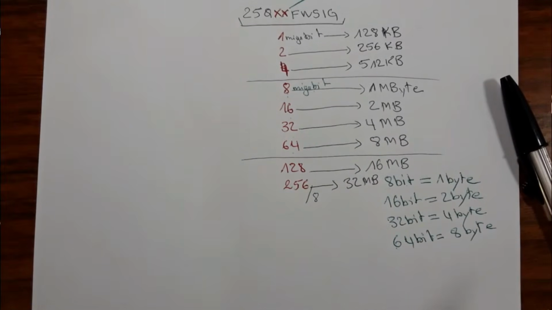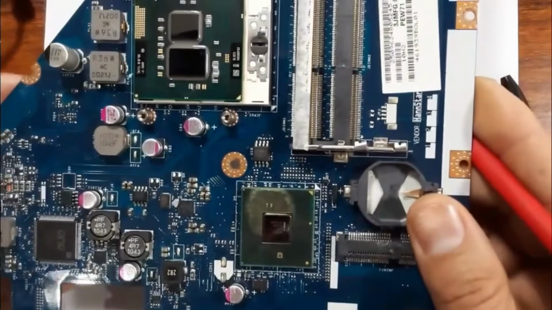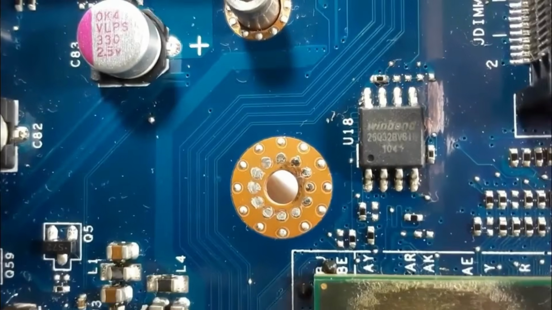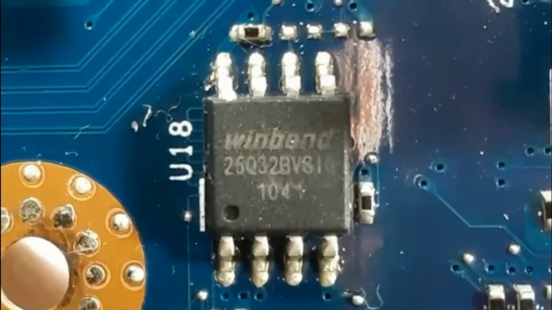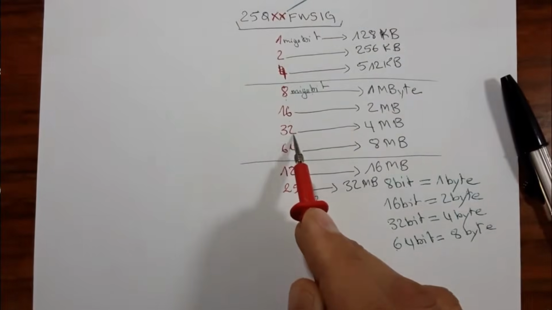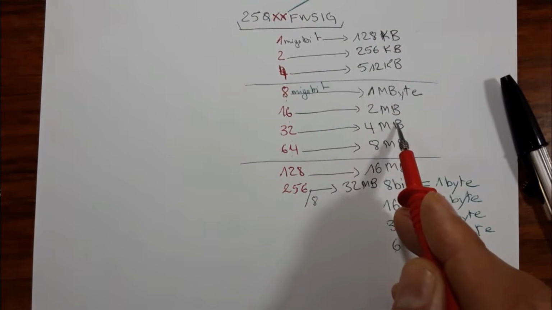Okay, so let's check another motherboard. For this motherboard, we have the BIOS here. Let's check its reference and then its size. As you can see, we have 25Q32. So 32 here means 4 megabytes.